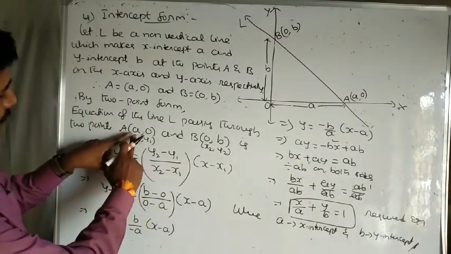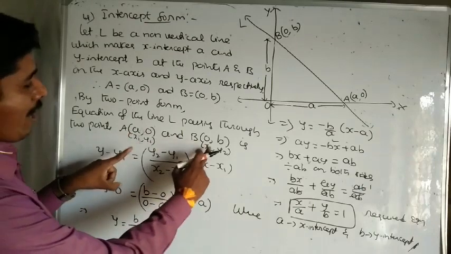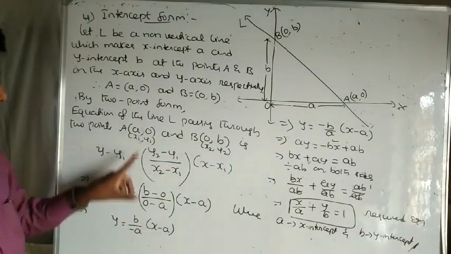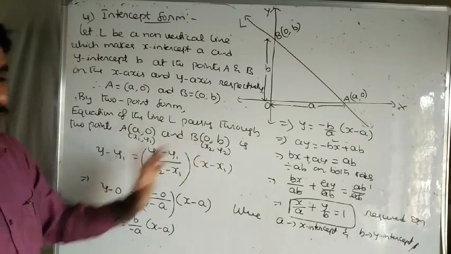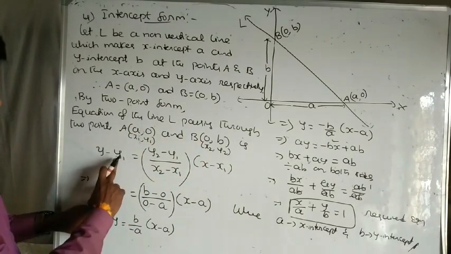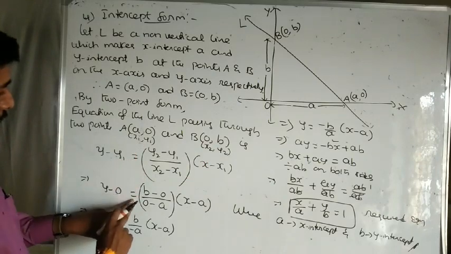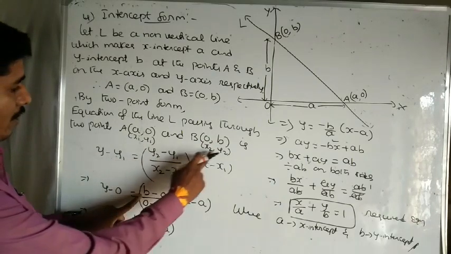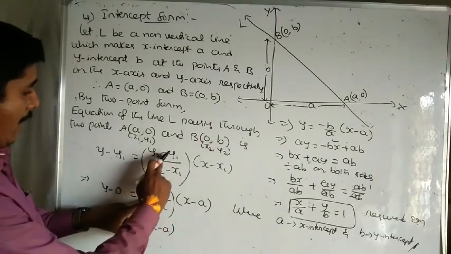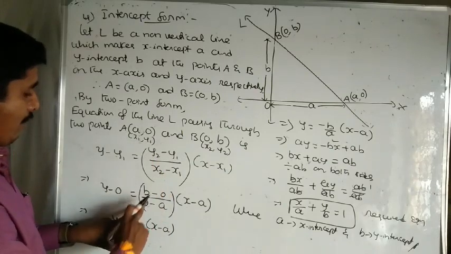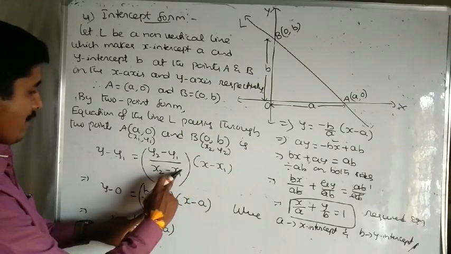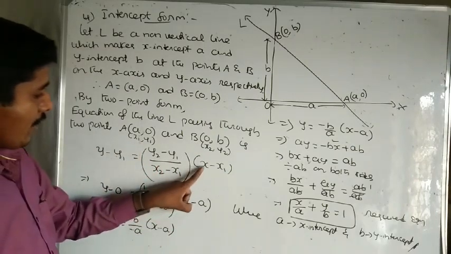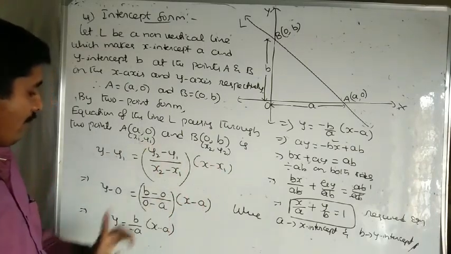Let us take the first point coordinates x1, y1 and the second point x2, y2: x1 equals a, y1 equals 0, x2 equals 0, y2 equals b. Substituting, y minus 0 equals (b minus 0) divided by (0 minus a) into (x minus a).